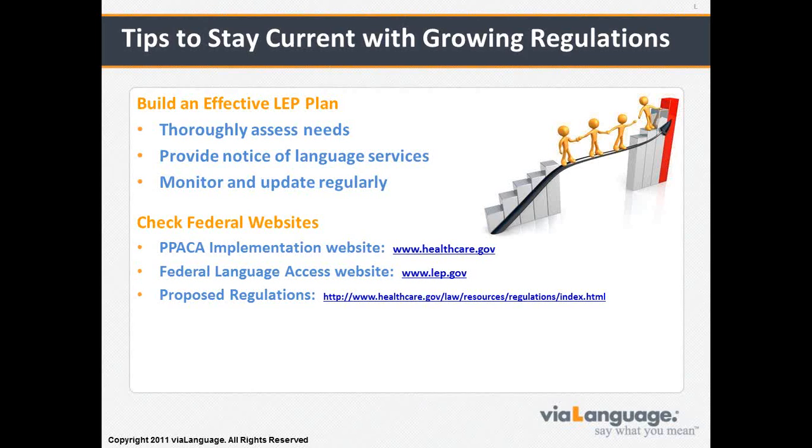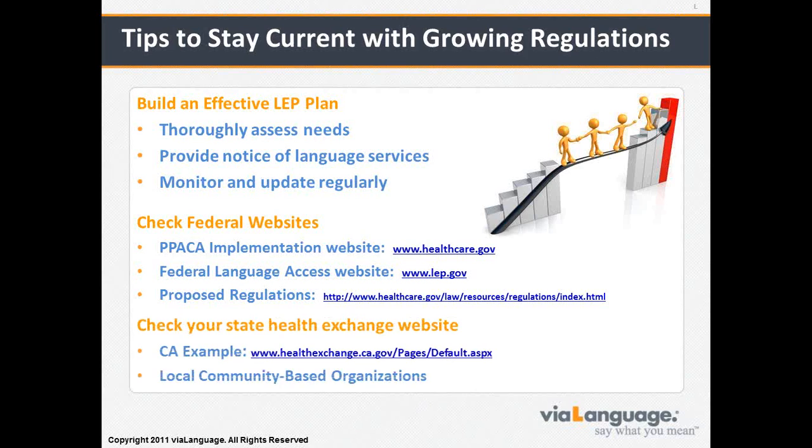The important thing is to know that things are always changing, so it's important to keep tabs and have someone who can check in with changing regulations as far as threshold languages or populations or dates and timelines, etc. Also check your state health exchange websites. We have a sample here of the California State website, but check your own state to see what regulations or changes or dates are being updated there. Again, we'll send this presentation and a white paper out afterwards with all this information and more.